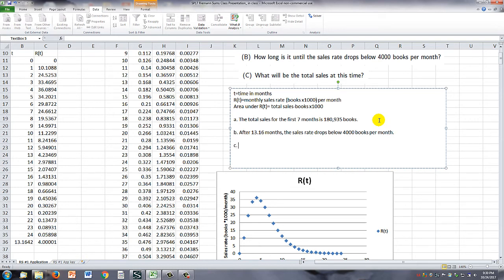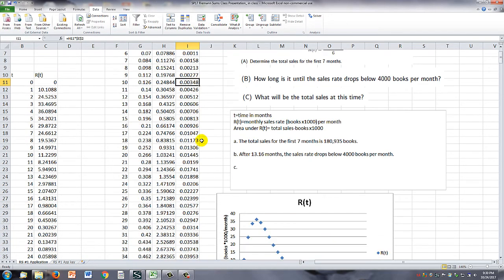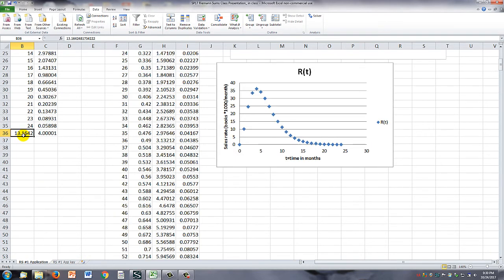Okay, now question C says what will be the total sales at this time? So we're going back to this function, the total sales function, and what this means is that we want to know how many books are sold from 0 to 13.162 months. So I'm going to do that over here. I don't want to lose what I've already done.